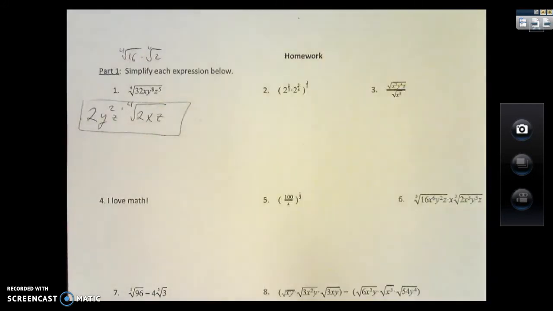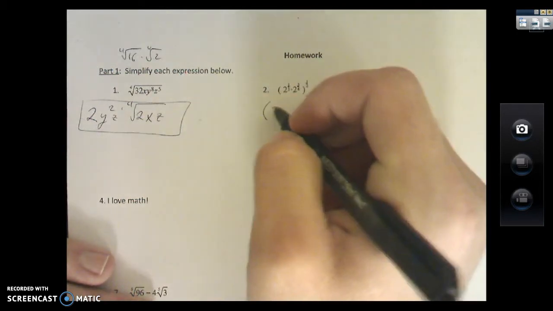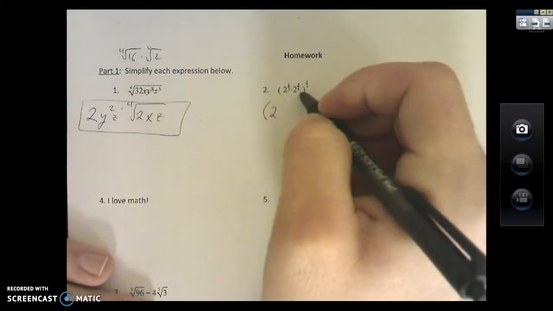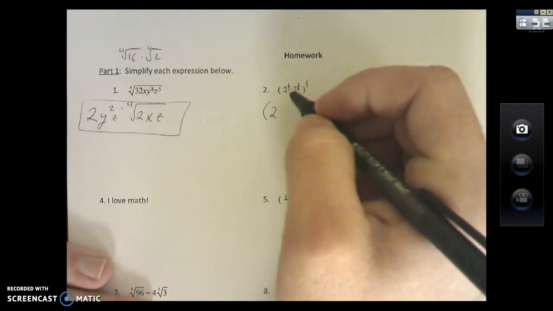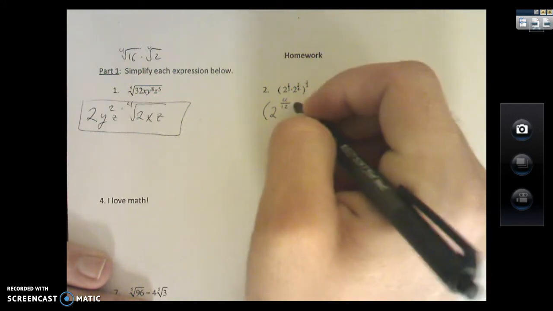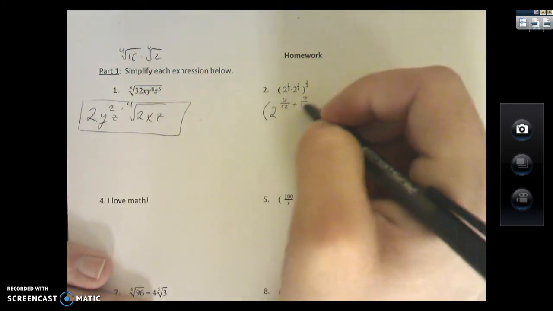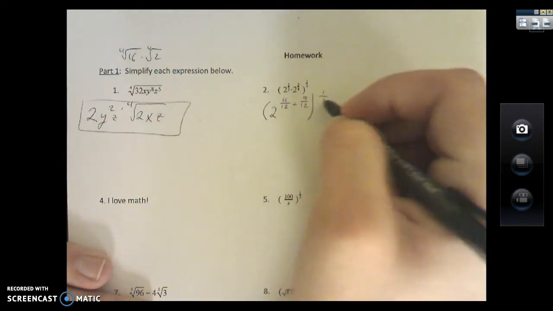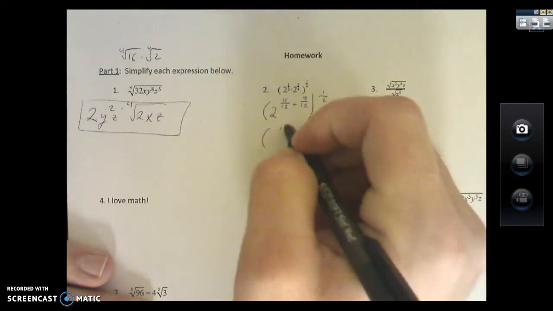Cool. Now, moving on, number 2. 2 to the 1/3 times 2 to the 3/4. I'm going to combine these exponents in the middle together first. In order to do that, they need to have a common denominator. So 1/3 and 3/4, I need to get 12 as my common denominator. For 1/3, I'm going to turn this into 4/12, and for 3/4, I'll turn that into 9/12. 4/12 plus 9/12 is 13/12.